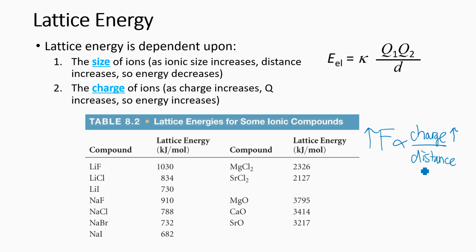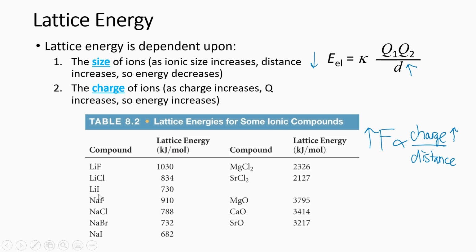As the size of the ion increases, that would be like your distance variable on the bottom. So as your size increases, the attractive force is going to decrease. So it's another application of Coulomb's law here, except this time we're talking about the attraction between 2 ions rather than the attraction between an electron and the nucleus.